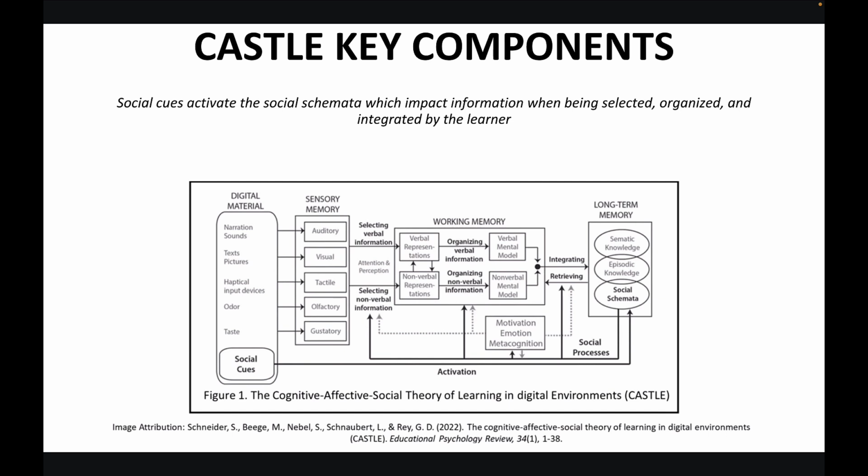This also now includes semantic knowledge, episodic knowledge, and the social schemas. As you can see here, the social cues go through to the social schemas, and the social processes make an effort to go through retrieving, organizing, and selecting.